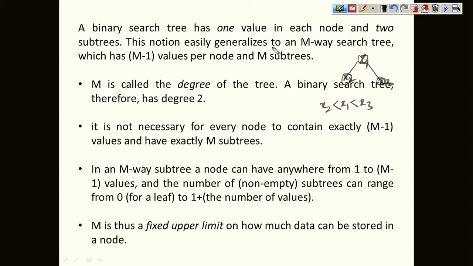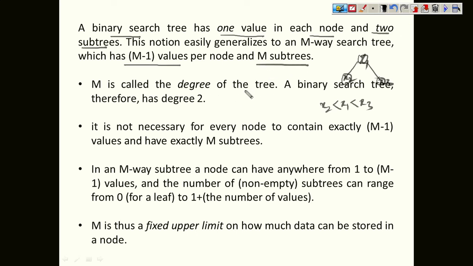So in binary search trees we have only one value at each node and two subtrees, and based on this we generate the idea of the m-way search tree, which is defined the same way. In the m-way search tree we have m minus 1 values per node and can have m subtrees.